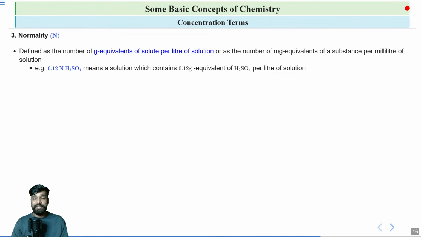Means your H2SO4 has a greater number of equivalents. So all of the H2SO4 will not be neutralized because it has H plus still present in it, which is ionizable, right? So to completely neutralize one molecule of H2SO4, you have to take two molecules of NaOH. I hope you are getting the point.